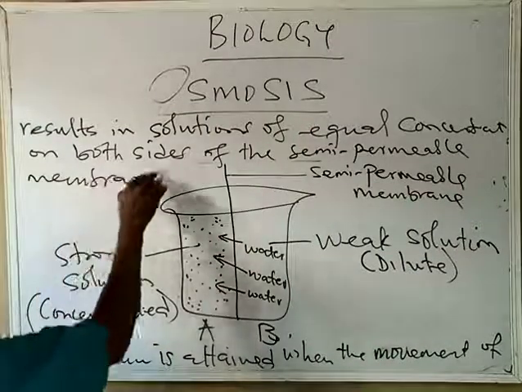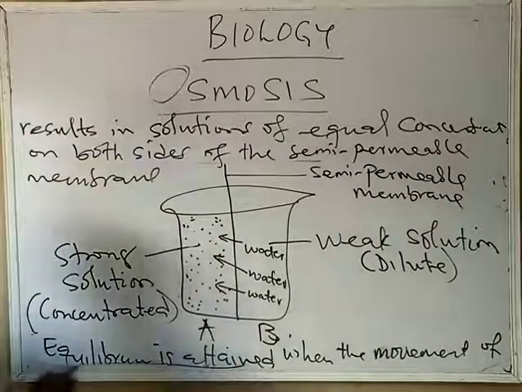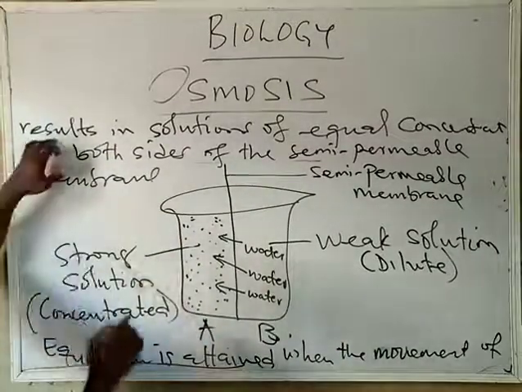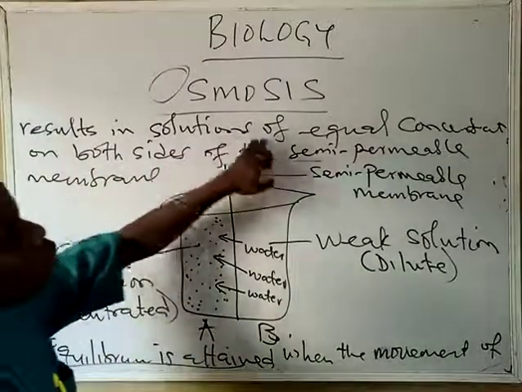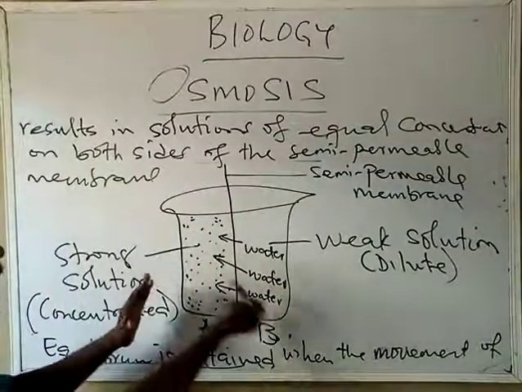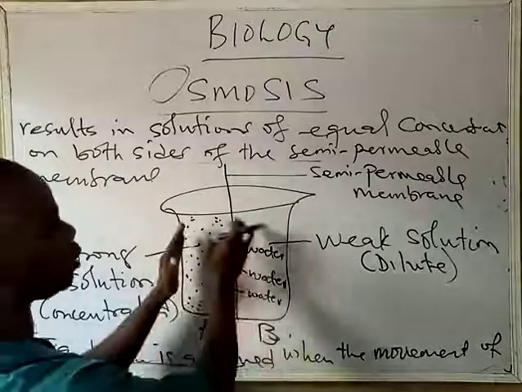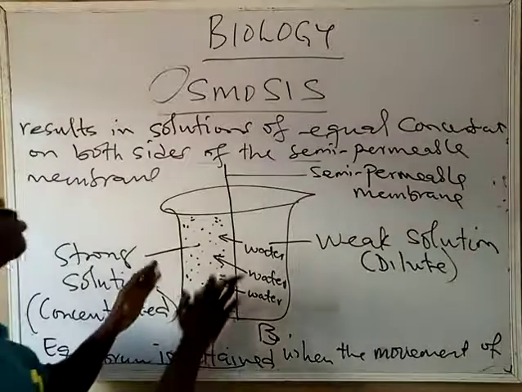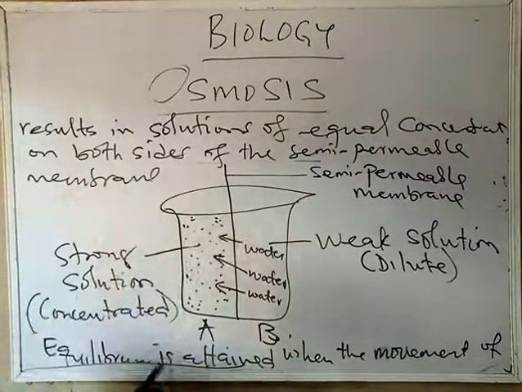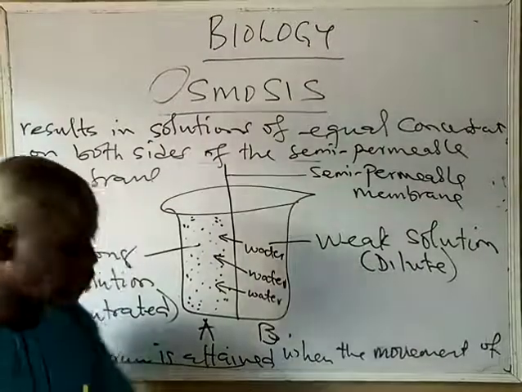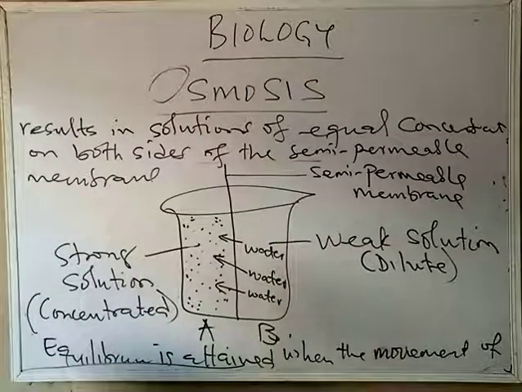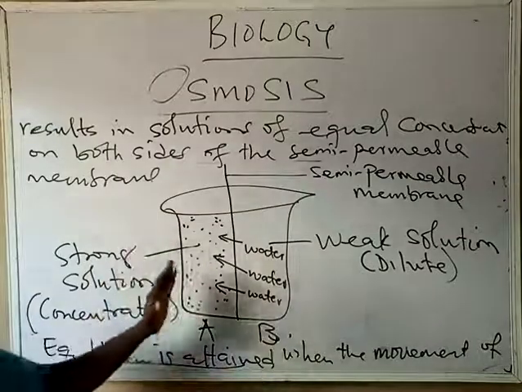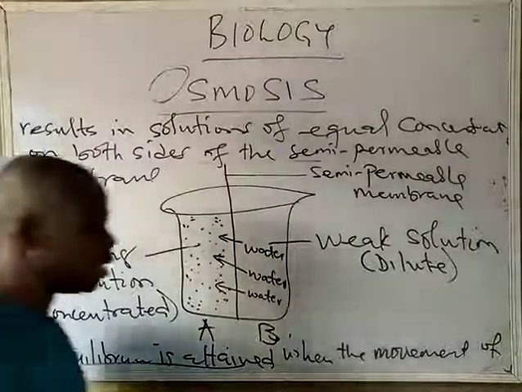So what we are saying is that equilibrium is reached when the movement of water molecules results in solutions of equal concentration. So the movement continues, and when we have equal concentration of water molecules on both sides, then we say equilibrium is attained. So after this, we are going to be looking at the names given to different solutions as osmosis is taking place.